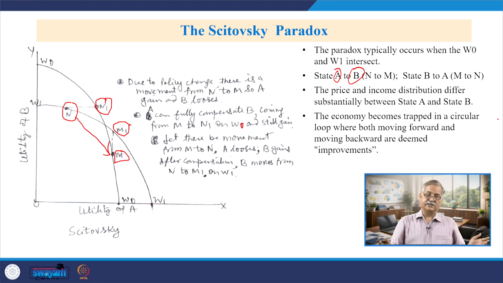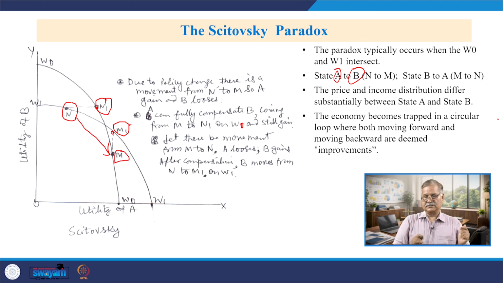A can fully compensate B, coming from M to N1 here, on the W0 welfare function and still gain, while if there is movement from M to N, in that case A loses, B gains, and after compensation B moves from N to M1 here, M to N1, and in this way you can see that reverse is possible. So this is a kind of paradox which is explained by Scitovsky, and he addressed this paradox.